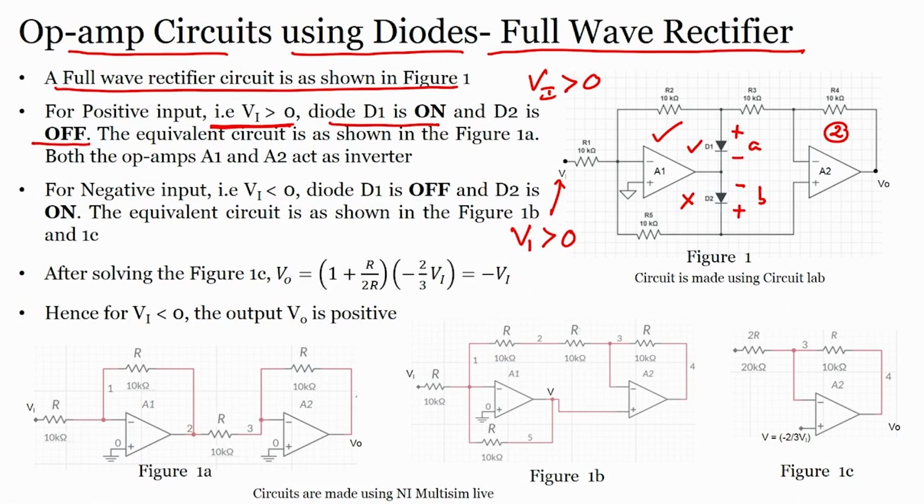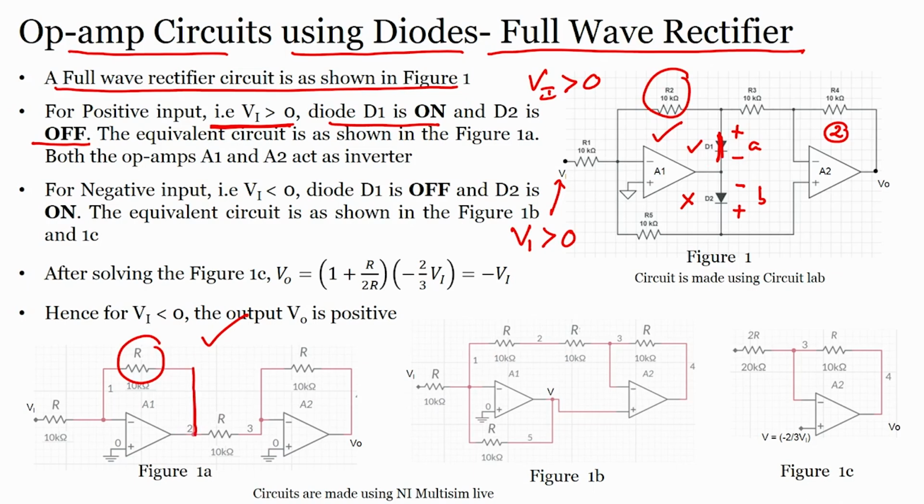If I want to draw the equivalent circuit in this case, it is as shown in figure 1a. Here we have R2, this is 10 kilo ohm. Then this diode is conducting, that means it is directly connected here.